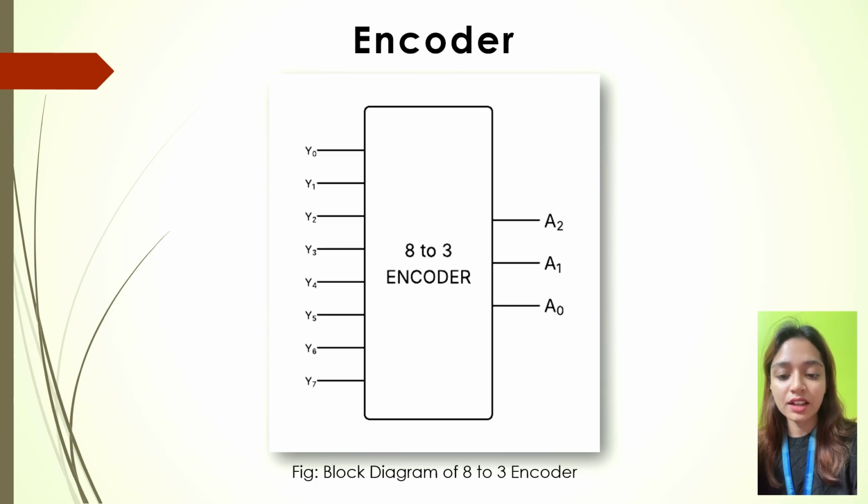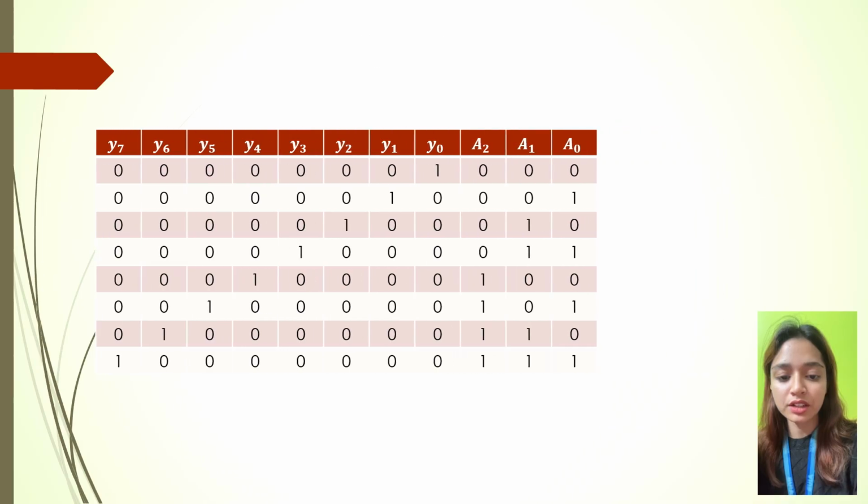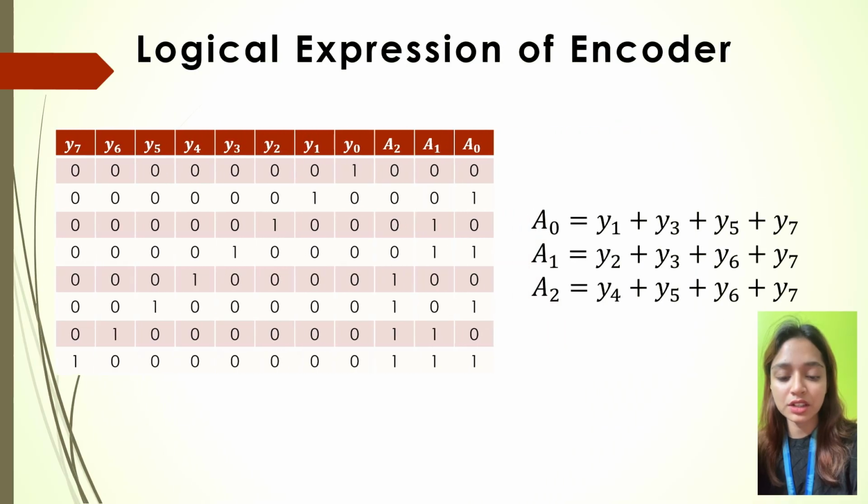You can see the relationship between the inputs y0 to y7 and the outputs a0, a1 and a2 in our truth table. From the truth table, we derive the logic expressions for each output bit. A0 is the sum of y1, y3, y5 and y7.